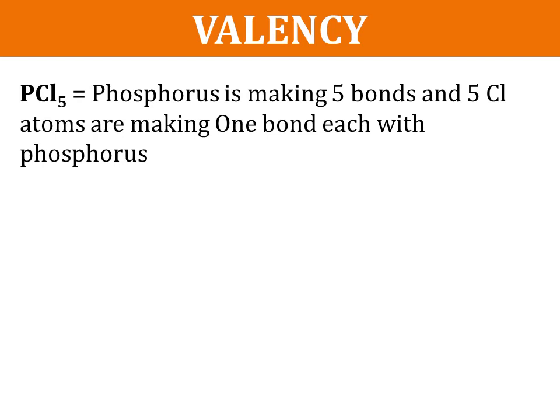From the perspective of each chlorine atom, it's making 1 bond with 1 phosphorus. You can see the structure over here. From each chlorine atom, it's visualized that there is only 1 phosphorus.